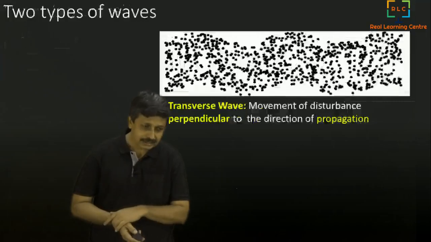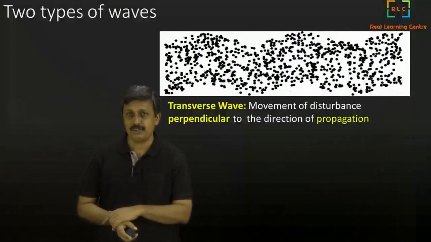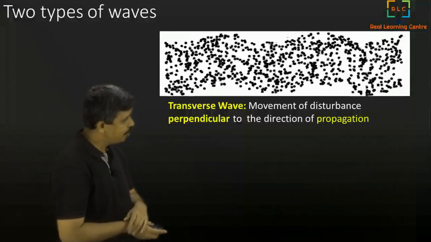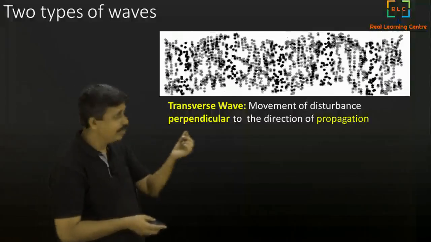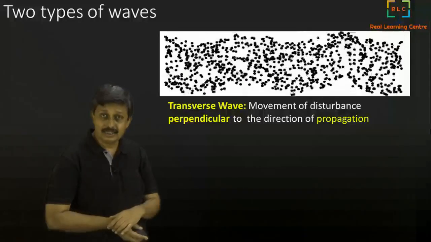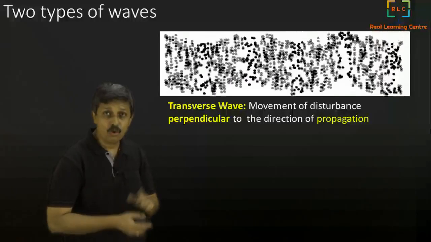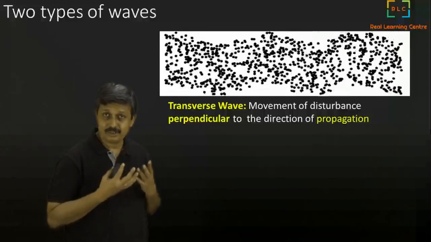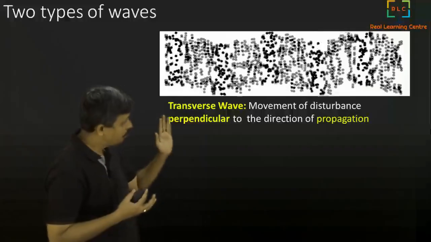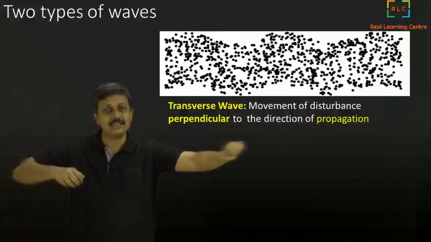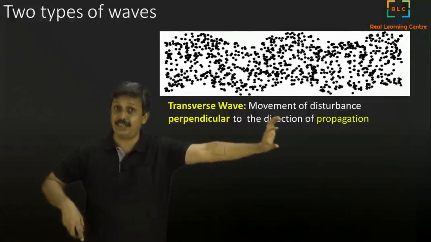Let's understand there are two kinds of waves. Now here you can see that each particle is going up and down, up and down. But you can see that the whole wave, in the sense that the disturbance itself, is moving from left to right. It is like a long rope. If you move one side like this, the whole disturbance moves to the other side.